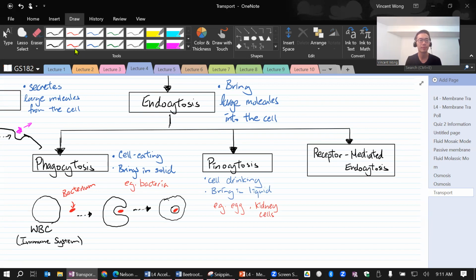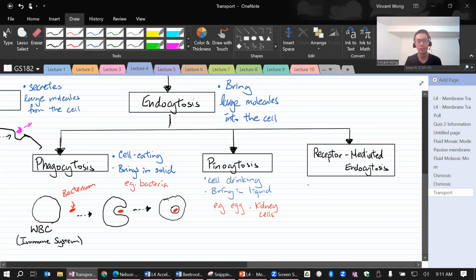Okay. Only molecules that match a receptor can be brought in. Can be brought into the cell.